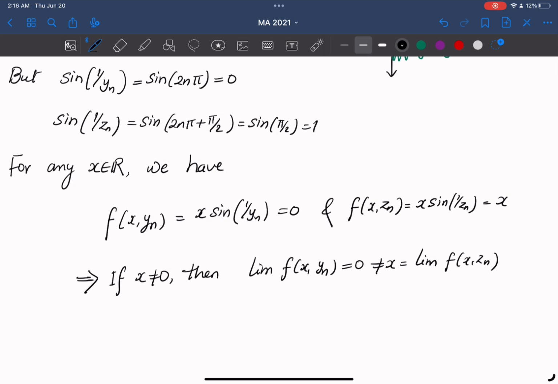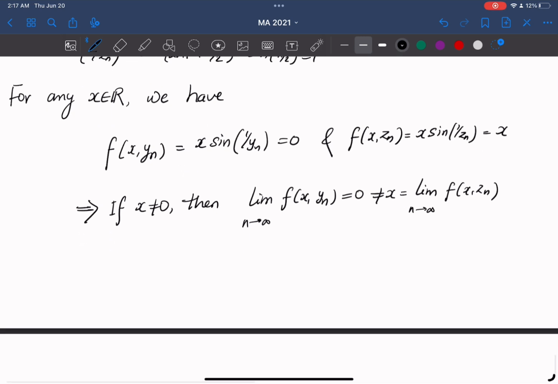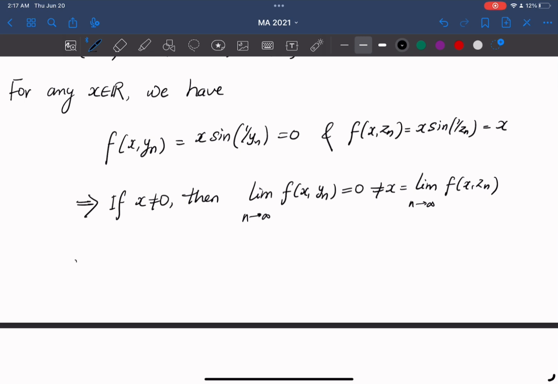Of course, these limits are for n tending to infinity. So what we have shown is that these two limits are not matching, even though (x, y_n) and (x, z_n) both converge to the point (x, 0). So this reveals that f is not continuous at (x, 0) whenever x is non-zero.